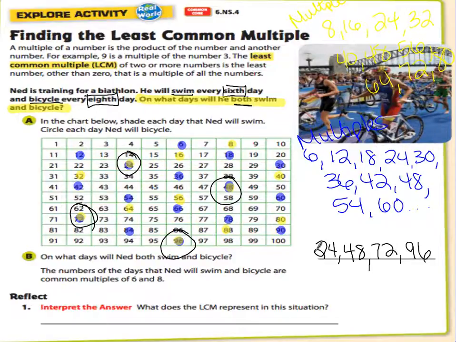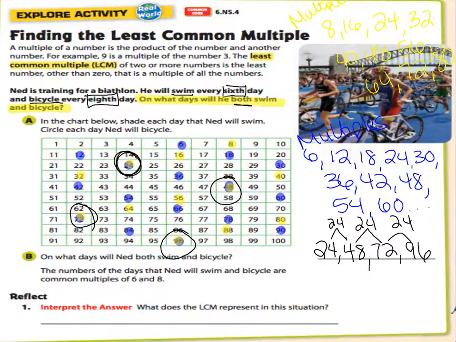So when your multiples line up, it's like his days line up. So in this case, what does the LCM represent in this situation? So 24 is the LCM. Now if you look here, to go from 24 to 48, it's plus 24. 48 to 72, plus 24. And again, plus 24.